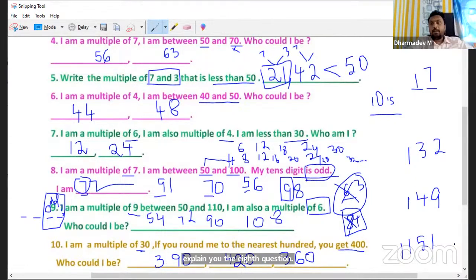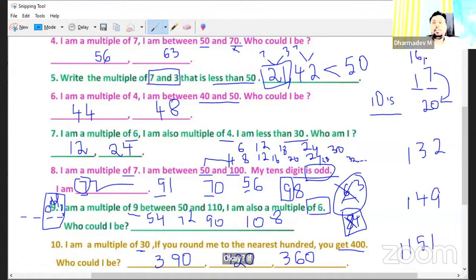The nearest tens place for 17 is 20. If my question is about 16, 17, 18 or 19, when I ask for the nearest round off value to the tens, the answer is 20.